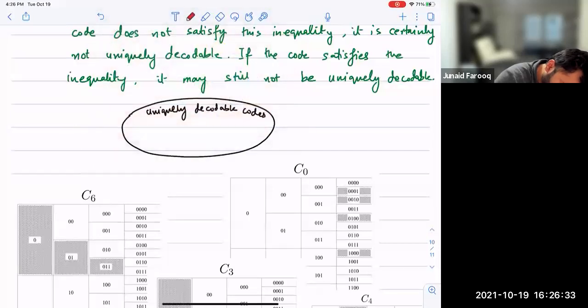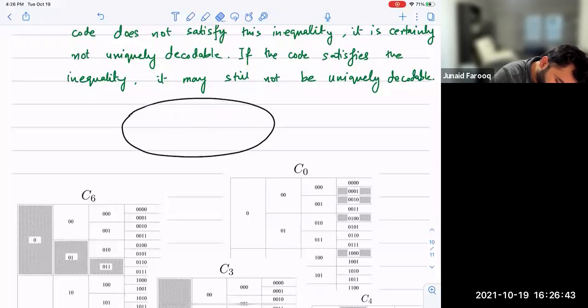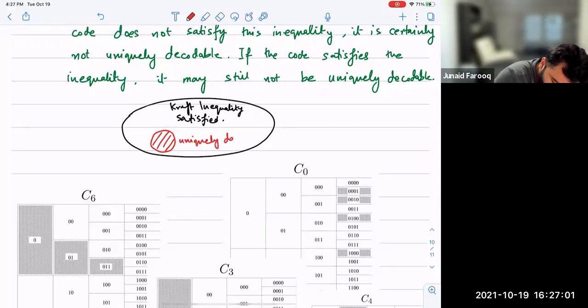Let's say this is... it's the other way around. Okay, and then you have a small piece here which is uniquely decodable.